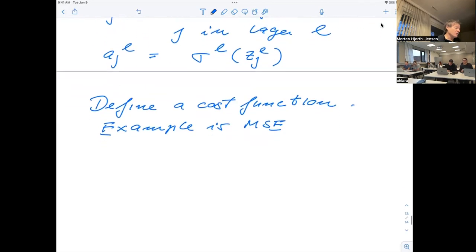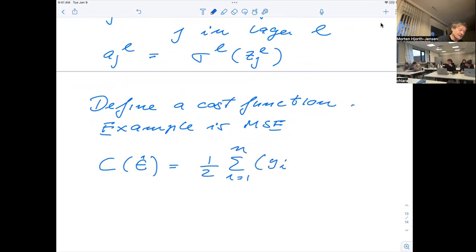And this mean squared error will now depend on the parameters which we have, these parameters theta, which are given by all the weights and all the biases. And in our case, this can be given by 1/2. I'm skipping the 1 over n, which we have seen previously. We sum over all the values which we have. So we have the outputs, y_i, minus the targets, t_i, and this is squared.